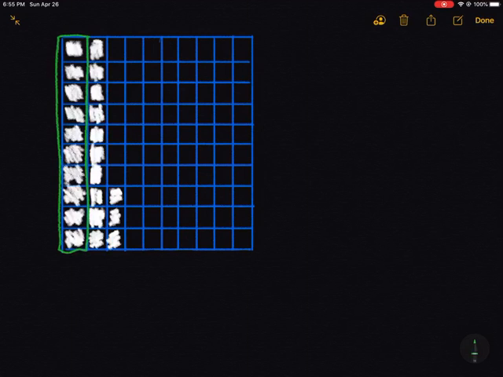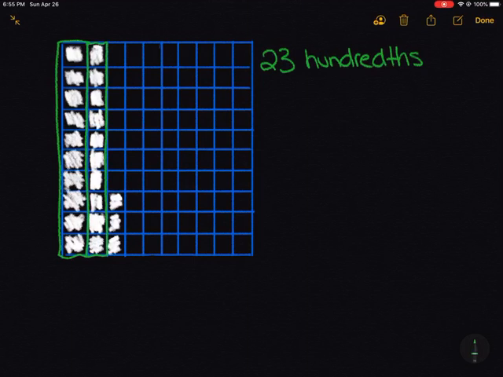There's 1 full tenth shaded. There's 2 full tenths shaded. So, if this says 23 hundredths, we know that this is equivalent to, so the same as, and I'm just going to write underneath because I ran out a bit of room, as 2 tenths.